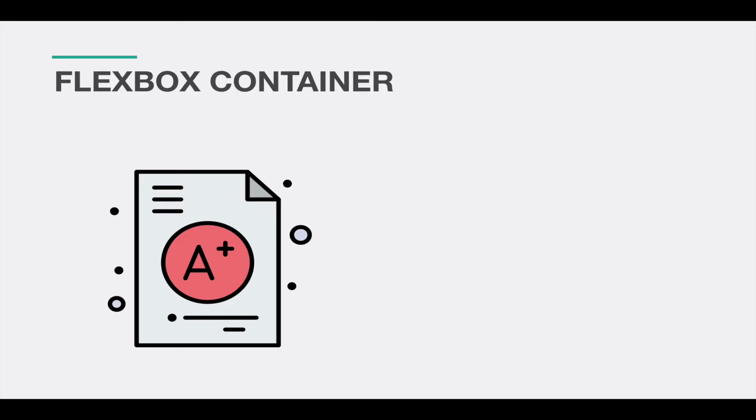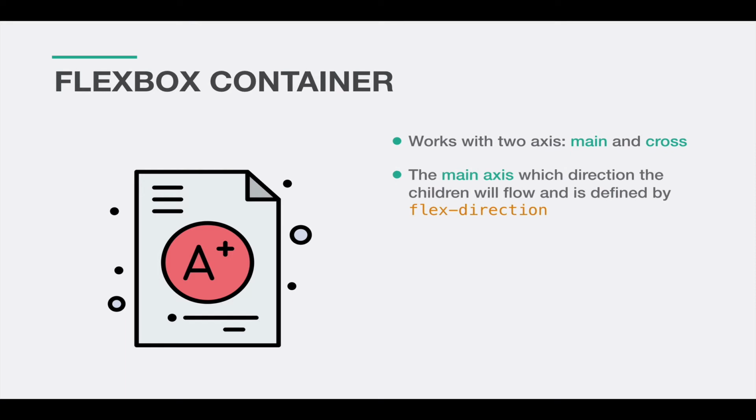So, Flexbox container. It works with two axes. There's the main axis and the cross axis. The main axis is the direction in which the children will flow. They will flow along the main axis, which axis that is based off of the flex direction.